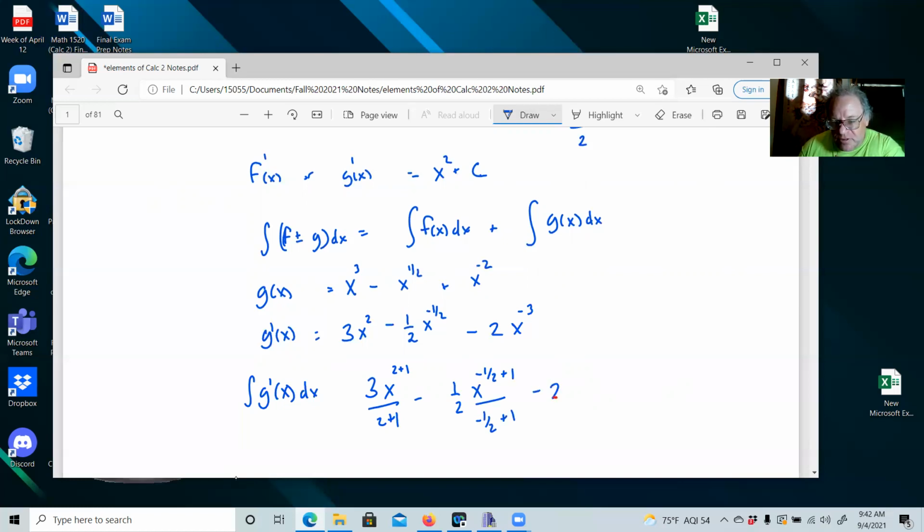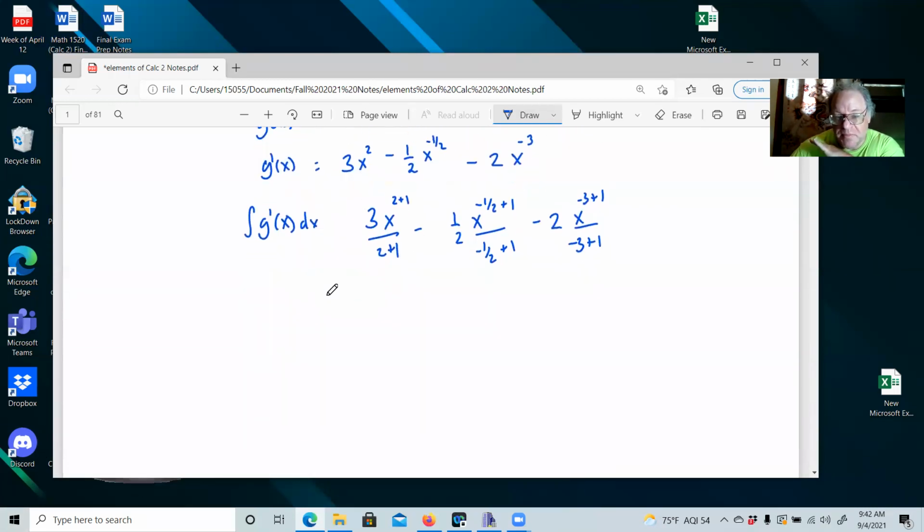And this will be minus 2 x to the -3 plus 1 over -3 plus 1. Right? And if this is where you are right now, but you're not doing it in the better way.